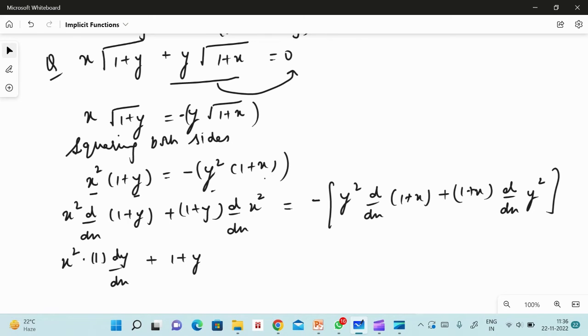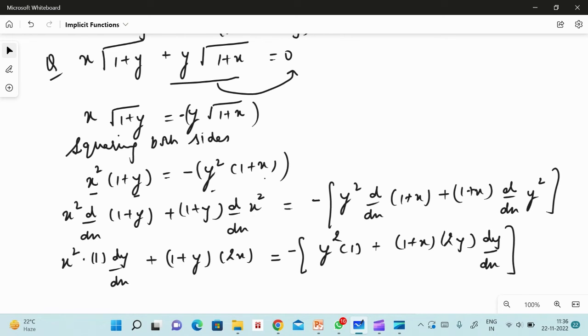Okay, so here we get 1 plus y into 2x, and on the right hand side we will get y square into 1 plus 1 plus x into 2y into dy by dx.